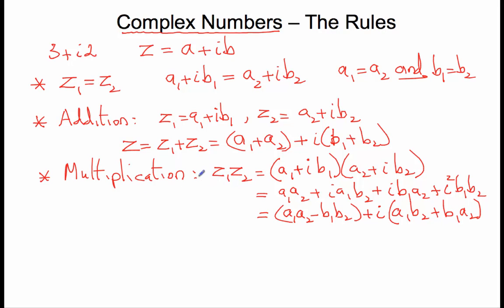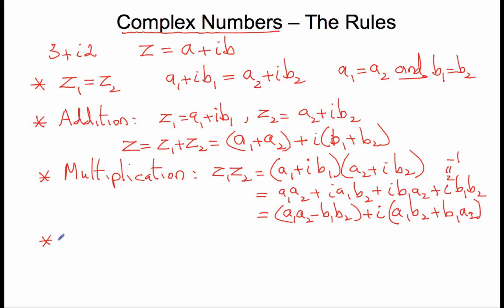So the result of multiplying these two complex numbers, z1 and z2, is another complex number whose real part is this and whose imaginary part is this. Now this was perfectly straightforward. The only thing is that we kept the i's separate and we realized that this i squared over here is -1. That's what gave the minus sign over here.